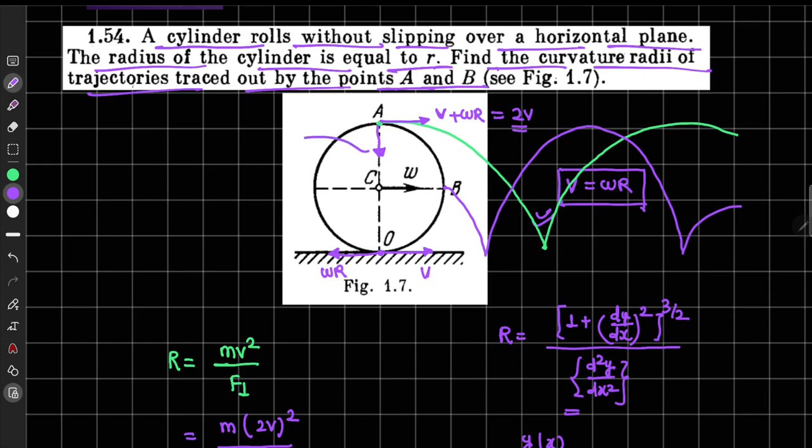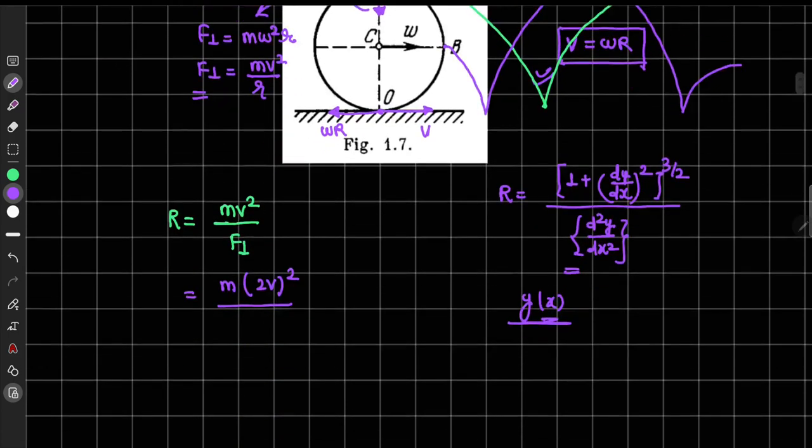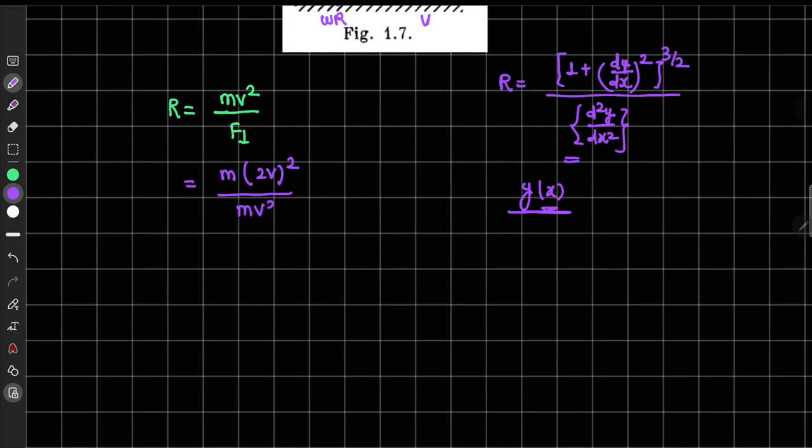So F perpendicular we can write as m omega square r, and in this case velocity is equal to omega r, so F perpendicular is equal to m v square by r, where small r is the radius of the cylinder. Substituting the value of F perpendicular, we get the radius of curvature at point A is equal to 4 r.